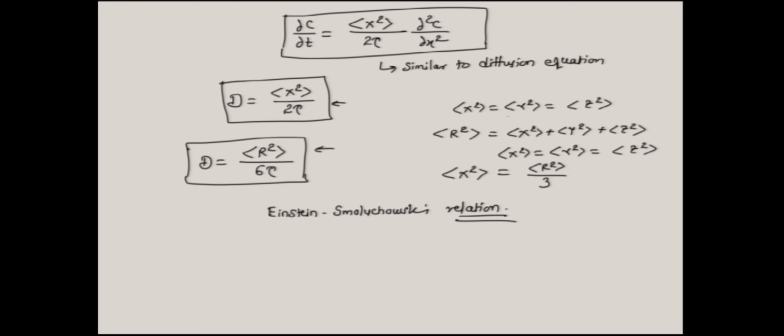and this clearly establishes the physical significance of the term diffusivity. And what is it? If we want to describe the physical significance, it is the mean square displacement per unit time.